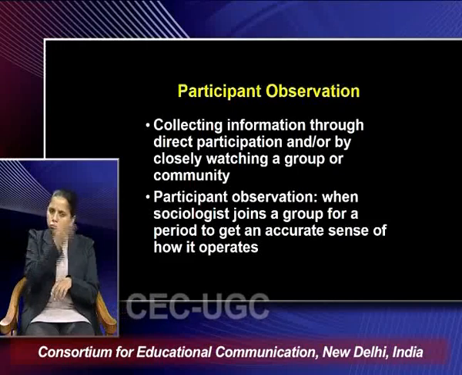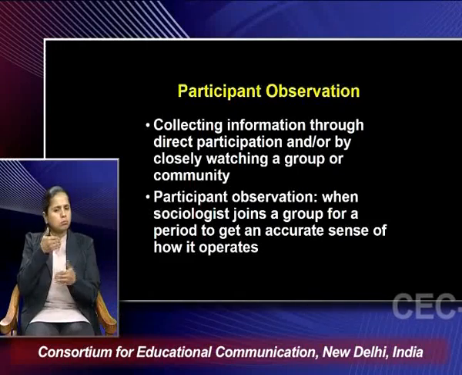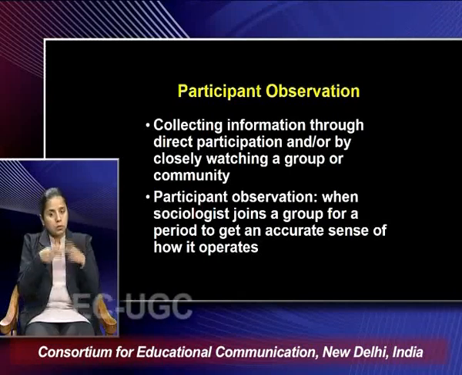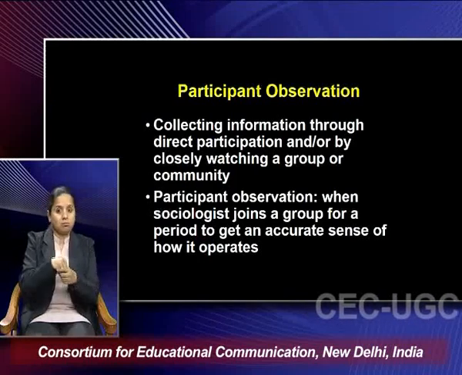So it is collecting information through direct participation or by closely watching a group or community. Now, to participate closely, one needs to become an insider, because it's not very easy for someone to interact with an outsider.